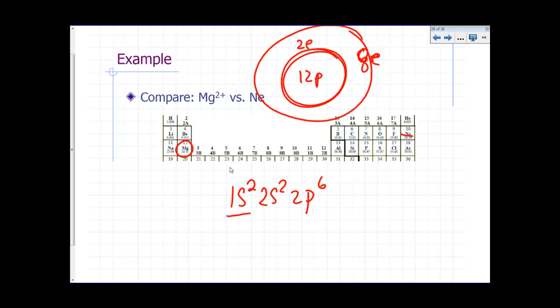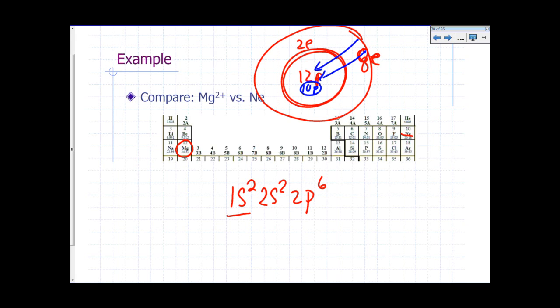Whereas neon will be the same, except that neon is going to have 10 protons instead of 12 protons. So which one will be able to hold on to its electrons more strongly? Magnesium with 12 protons pulling in those 8 electrons versus neon with only 10 protons pulling in those electrons. Everything else is pretty much the same.